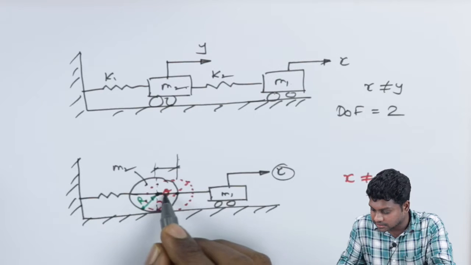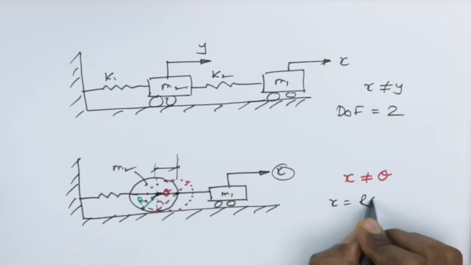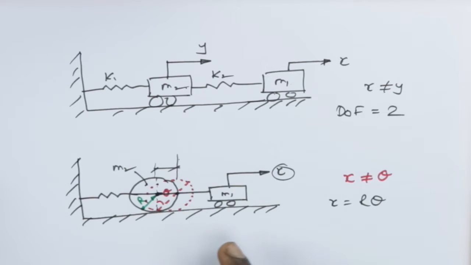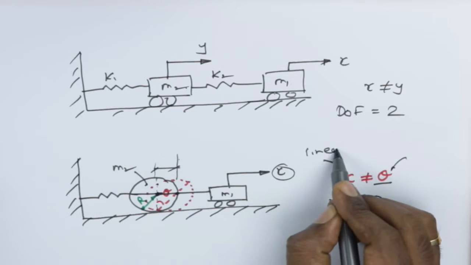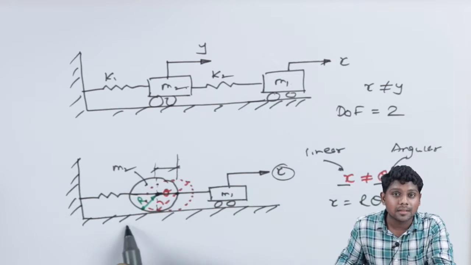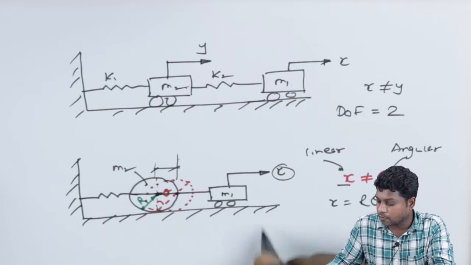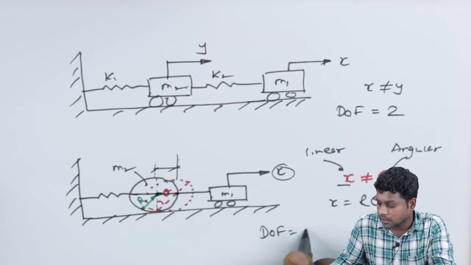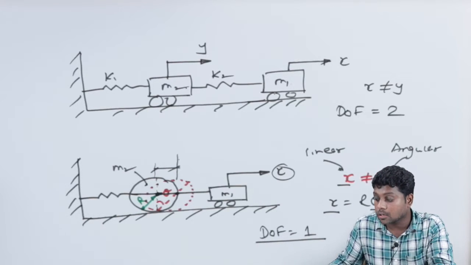And according to geometry, this center distance is r theta. So even though I have used two different coordinates, x and theta, linear and angular, they are dependent on each other. So in this example, the degree of freedom of such a system becomes 1, because x depends on theta.